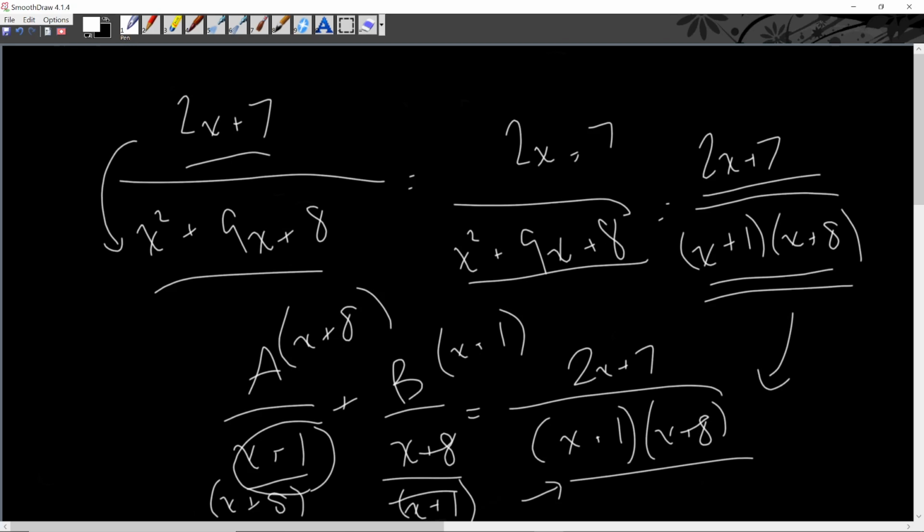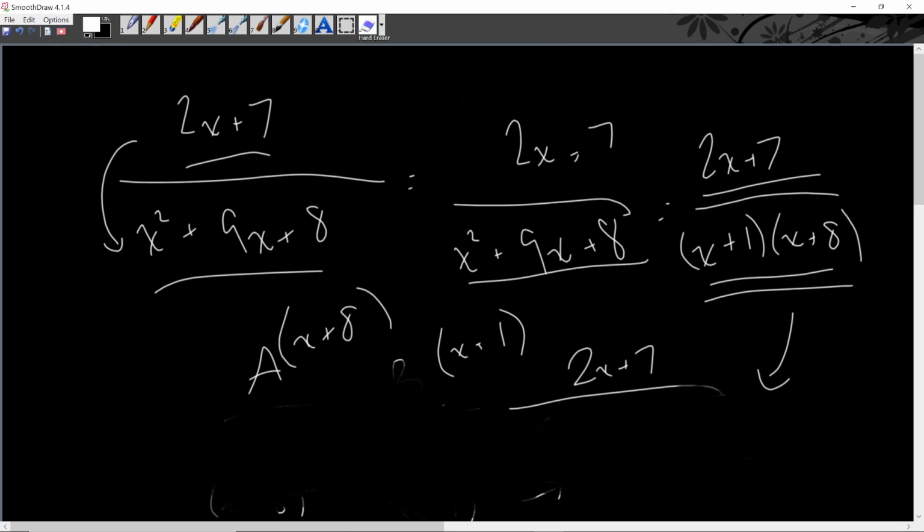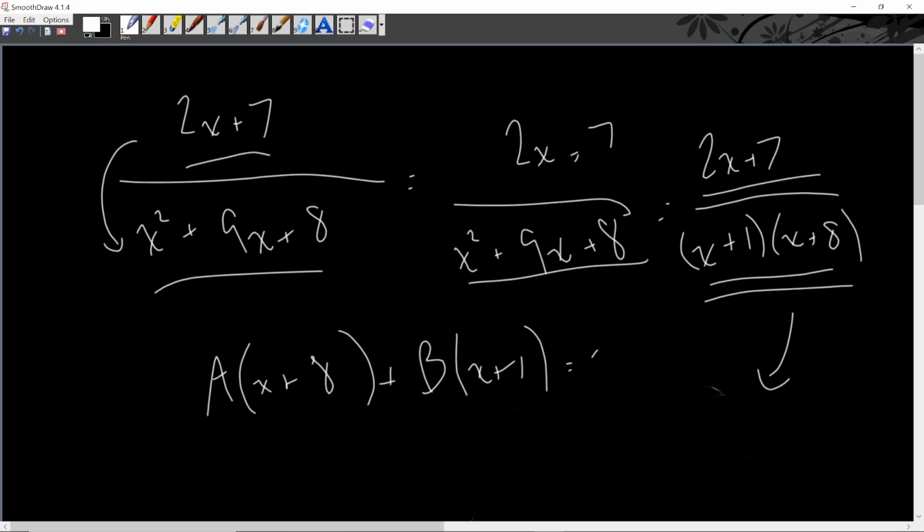And since we have a common denominator, we can simply strike all of them out, and we're going to be left with a times x plus 8 plus b times x plus 1 equals 2x plus 7.